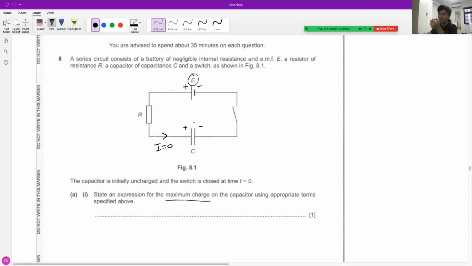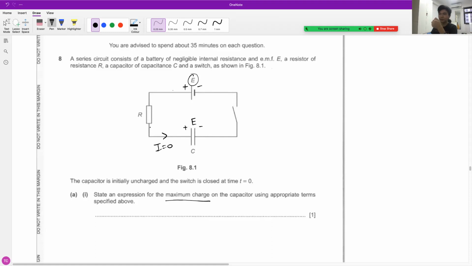So the current I equals 0 precisely when the capacitor develops a PD equal to E. The reason is that in the circuit, the resistor will see 0 PD across it, because you have your E here, and then you have your E here connected in the opposite direction, caused by the charged capacitor, and as a result, they cancel out.